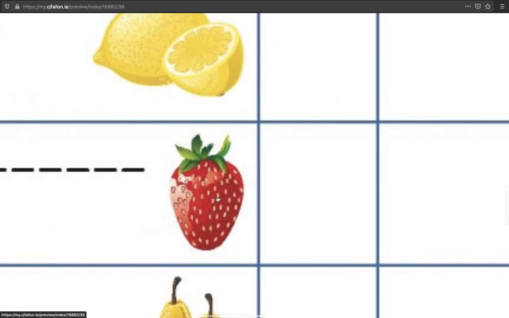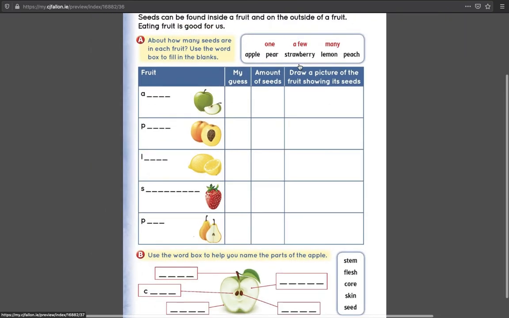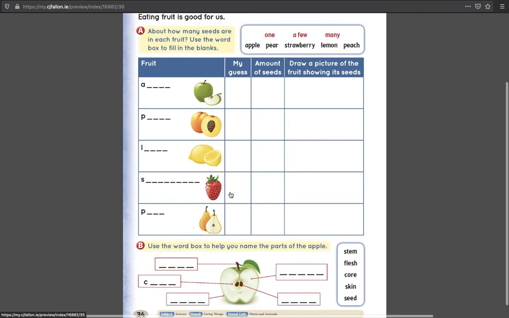Okay, and there are quite a few. So you can try to guess it with a number, or you can just write down one, a few, or many. I would say one, a few, or many would make more sense because trying to guess how many seeds are on a strawberry, you could go mad before you wind up counting them all. So best of luck with that part there.